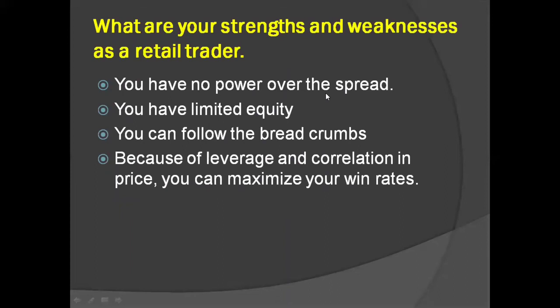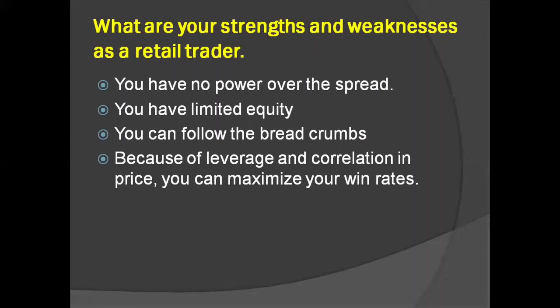All right. What are your strengths and what are your weaknesses as a trader, and how does this help you in trading the news? One of the weaknesses that you have as a trader is that you have no power over the spread, which I mentioned a few moments ago.